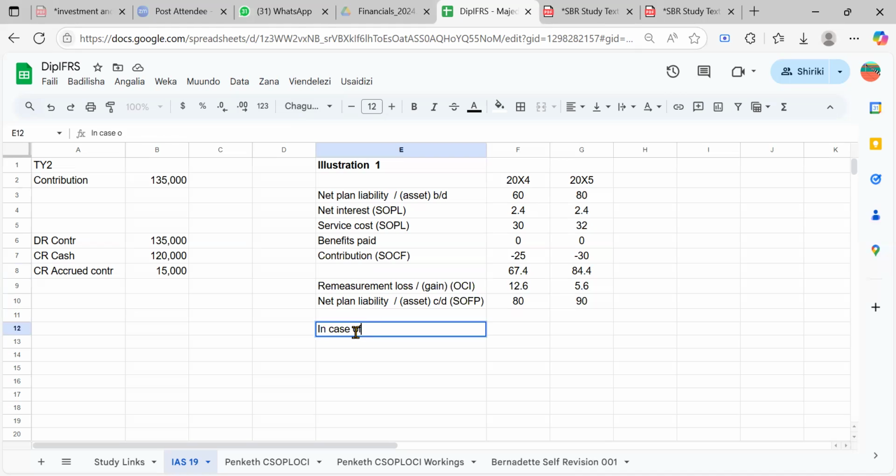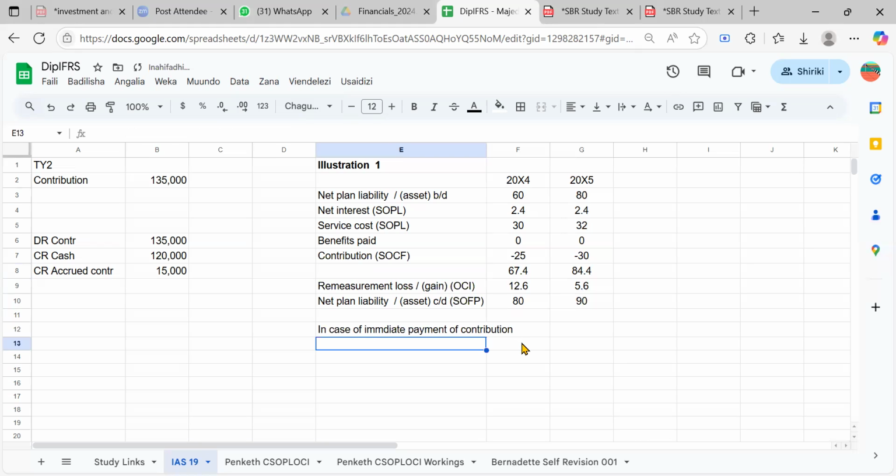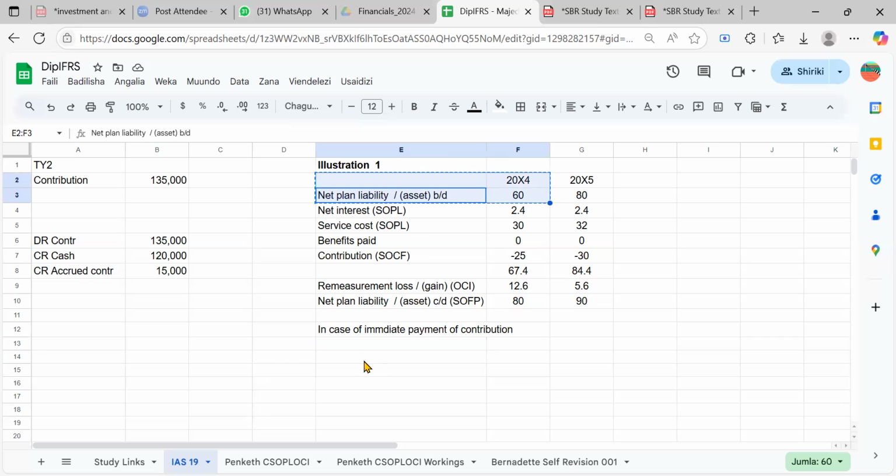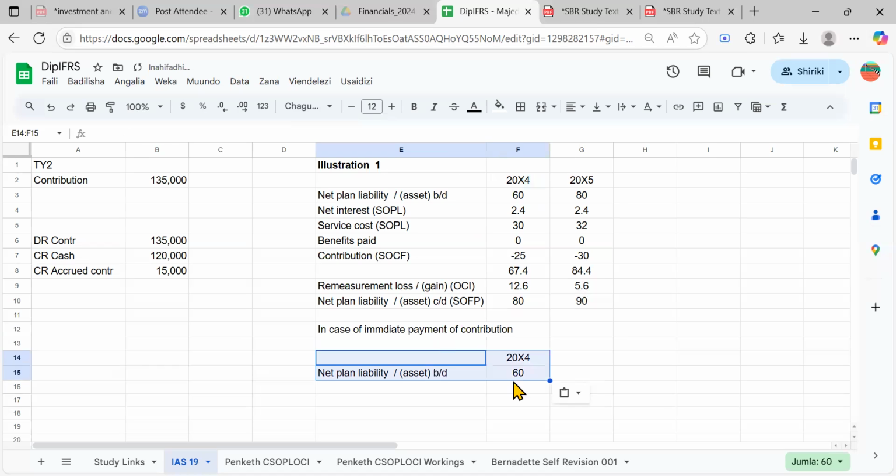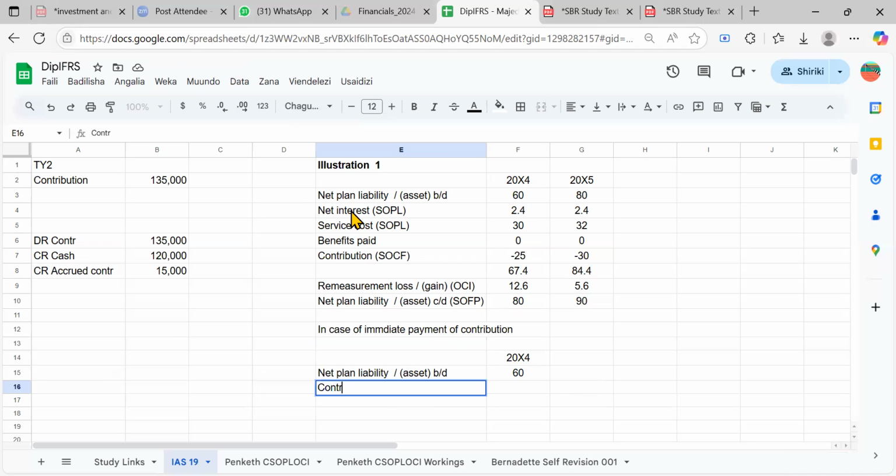In the case of immediate payment of contribution, for example, in case the contribution was paid immediately, this is what we would have done. Instead of getting the interest component, you get the contribution first.